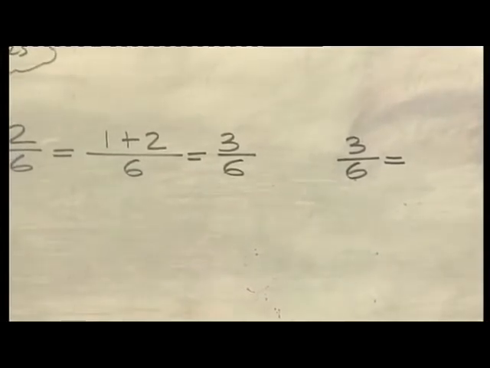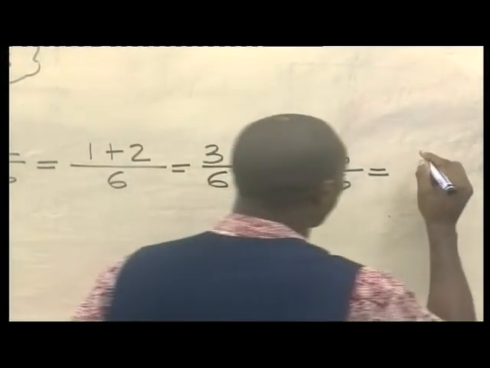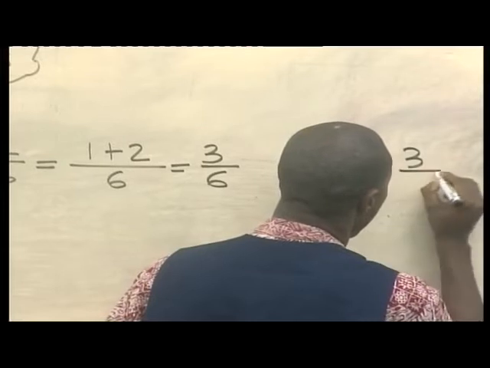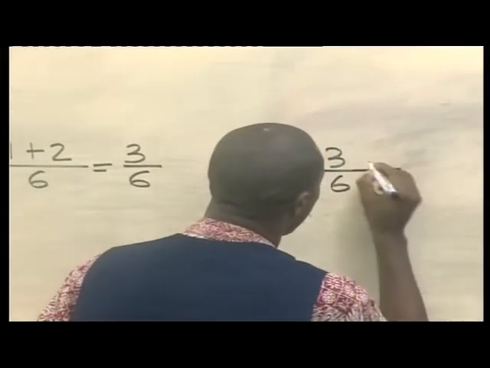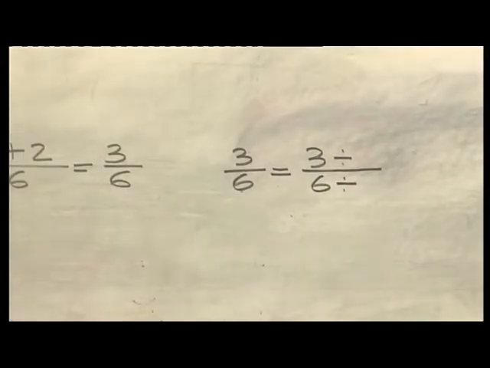Let's have Jordan. Three. Students, Jordan is going to tell us the highest common factor that can divide evenly in this fraction. 3. 3, very good.